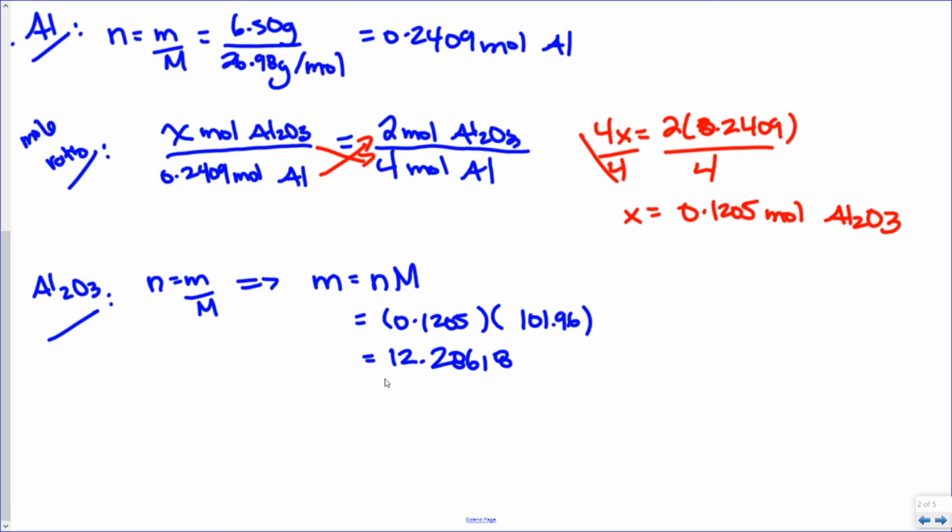And now, because this is our final answer, I'm going to round. I was given 3 significant digits, a 6.50, so we'll round to 3 significant digits, 12.3 grams. And there's our final answer.